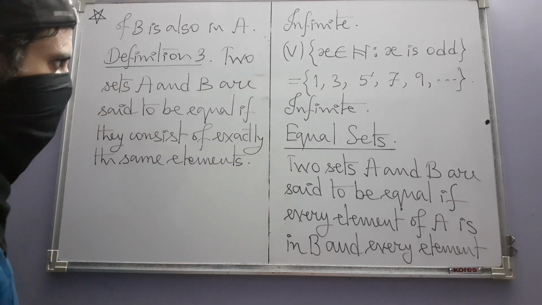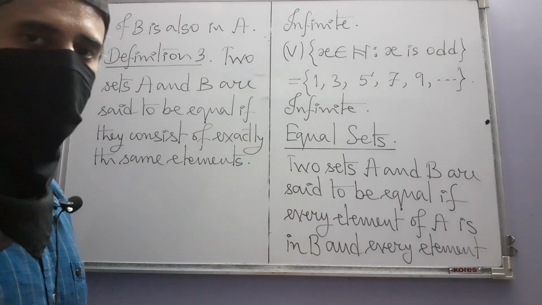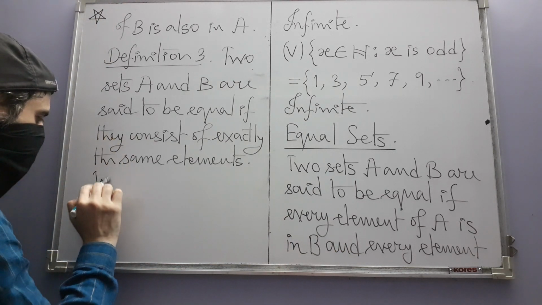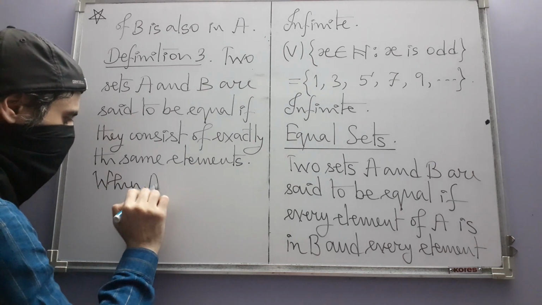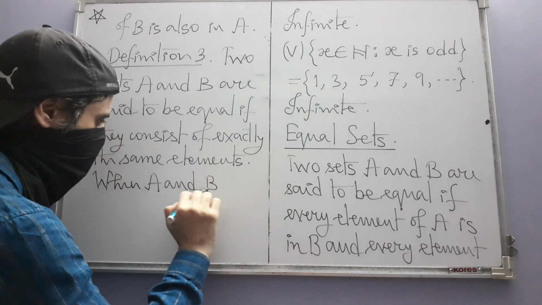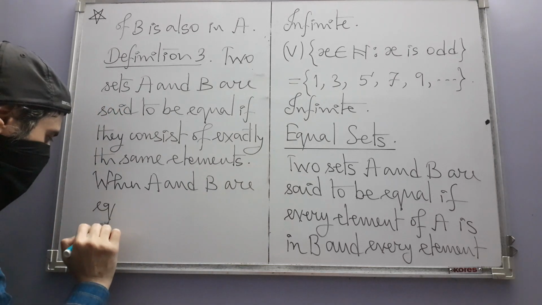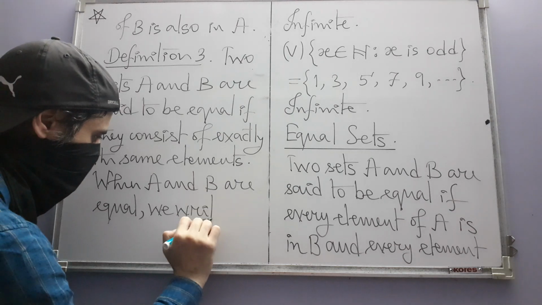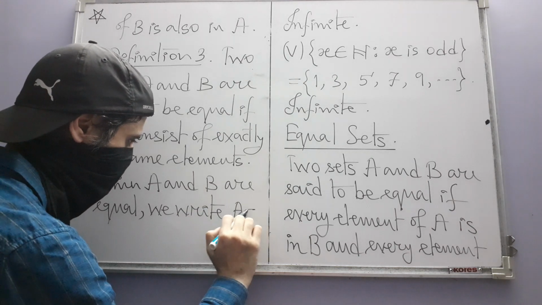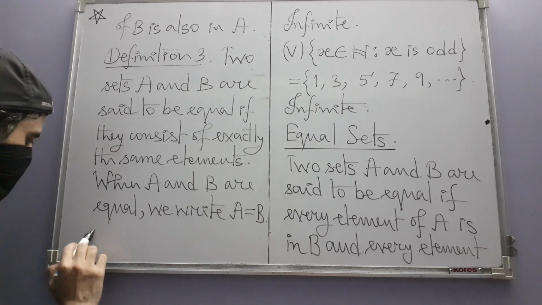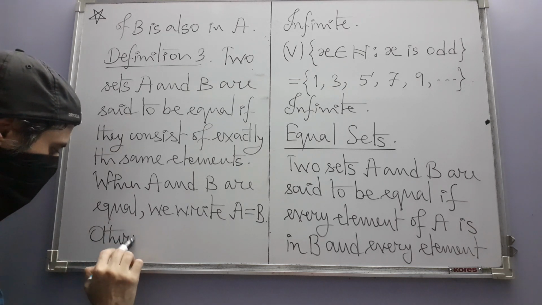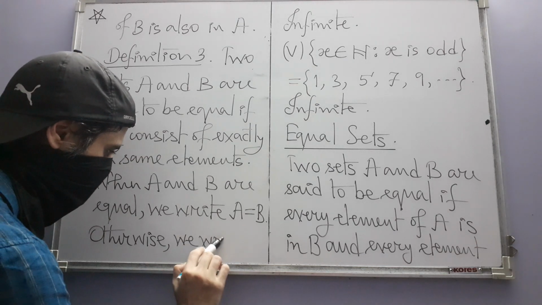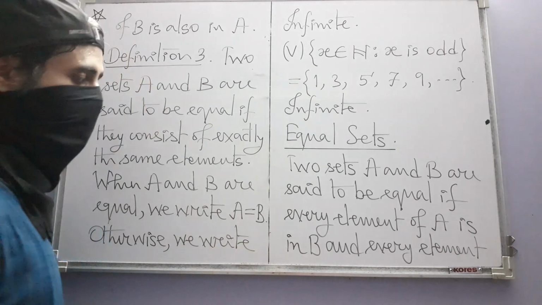So you can clearly see how this and this are in fact the same thing. When A and B are equal, we write, naturally enough, A equal to B. Otherwise, we write A not equal to B.